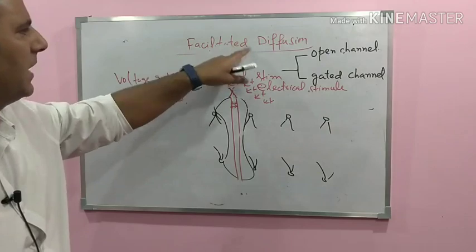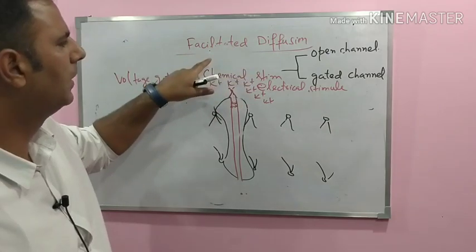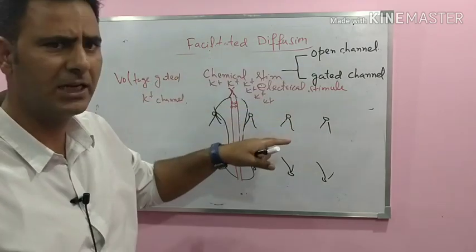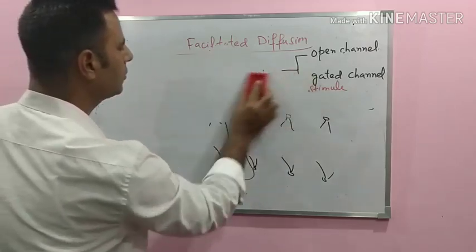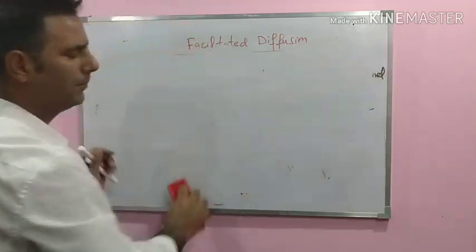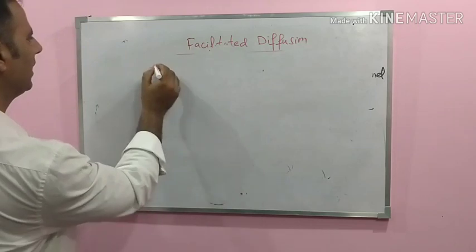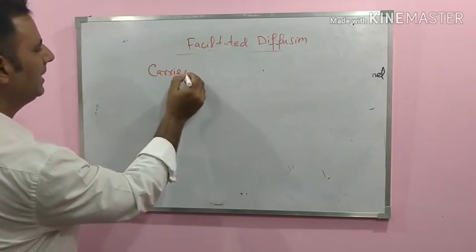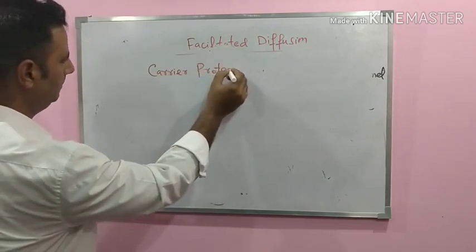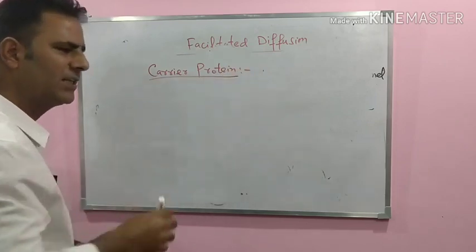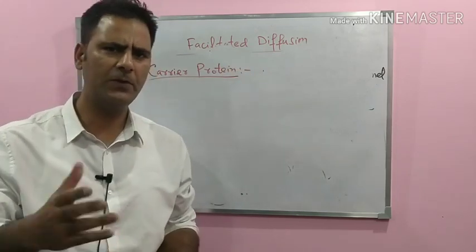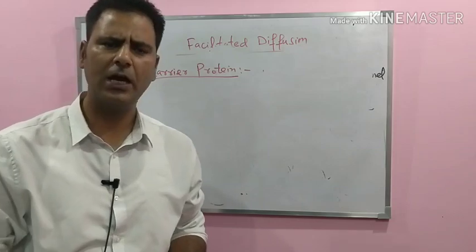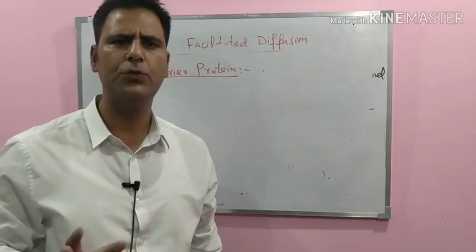Since I told you facilitated diffusion is by means of open channels and gated channels. Second, it is also facilitated with the help of carrier proteins. Now, one thing which we need to understand here, whenever we talk of carrier proteins, carrier proteins are basically involved in active transport.